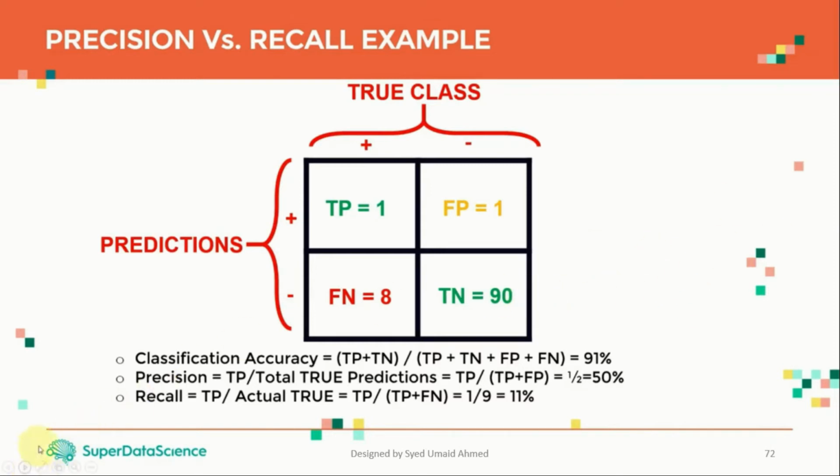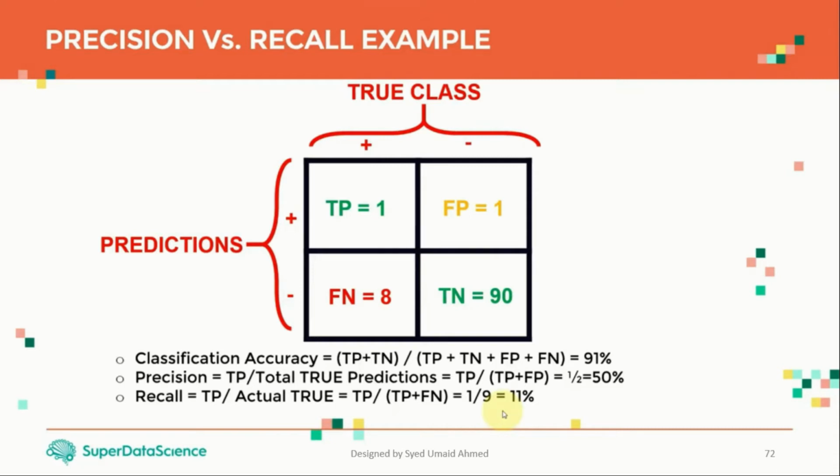Now to another important metric, which we call recall. Recall is simply our true positives divided by the actual positive samples, which is true positives divided by true positives plus false negatives, which is 1 divided by 9, which is 1 plus 8. So here we have 11% recall, which means the performance is really bad.